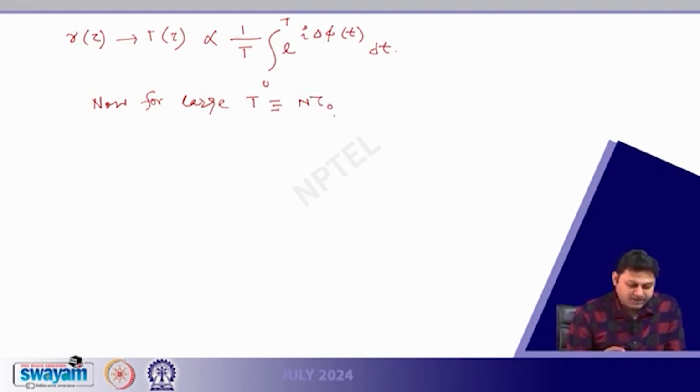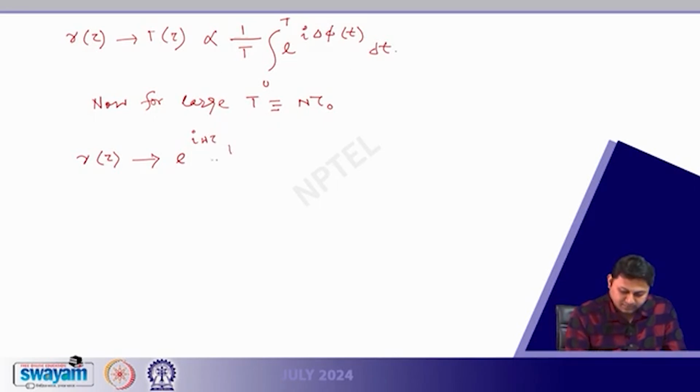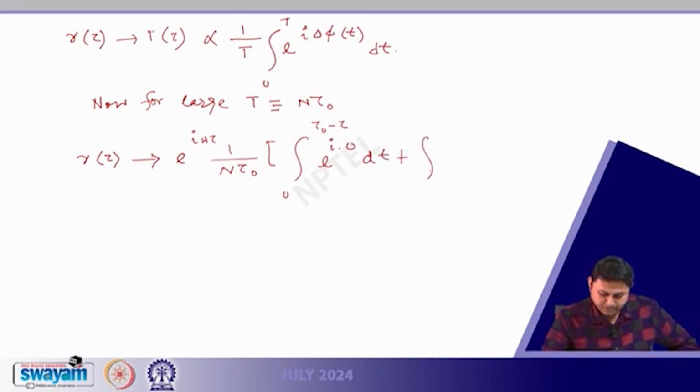Tau naught is the period. So the integral that we have, gamma tau, with certain constants, will be e to the power of i omega tau, that was already there, multiplied by 1 divided by n tau naught, and then the integral in two parts: 0 to tau naught minus tau, where the function phi is 0, so we will have e to the power i multiplied by 0 dt, and the other part, which is tau naught minus tau to tau naught, and we have e to the power of i h1 dt.